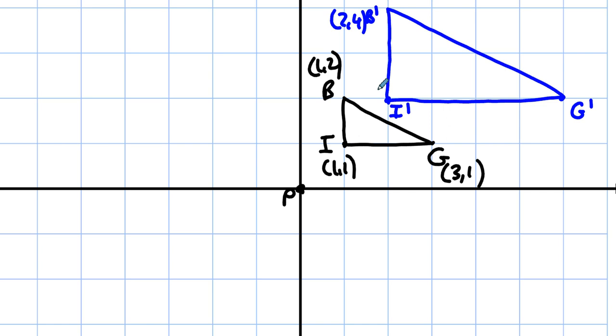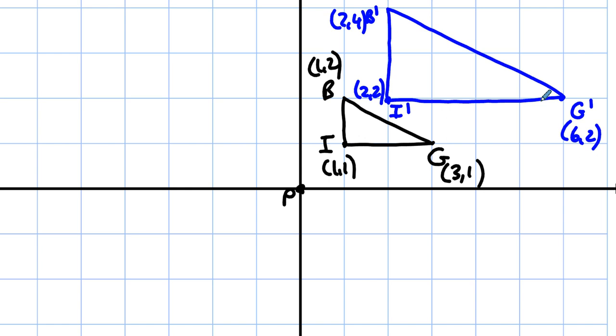Notice what happened to all of the coordinates going from triangle BIG to triangle B prime I prime G prime. Dilations preserve the shape because they hold similarity, right? They keep similarity happening, so the shape has to hold. The angles all hold. The side lengths don't hold.